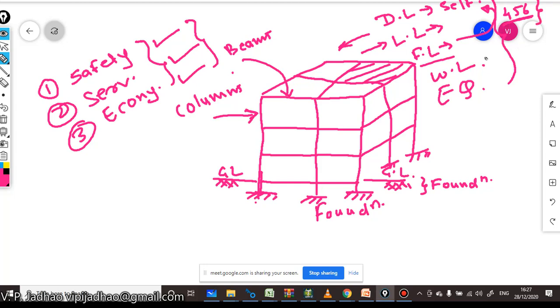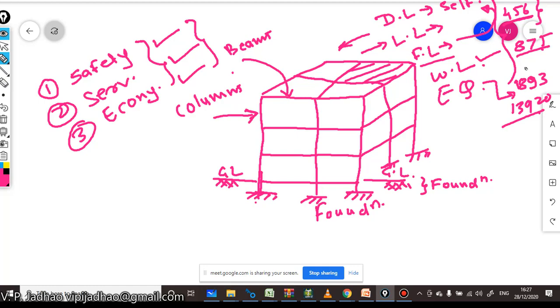If we are considering wind load, then we have to use IS 875. In addition, if we are designing a structure for earthquake, then we also have to use IS 1893 and IS 13920. These different IS codes are required to be used.